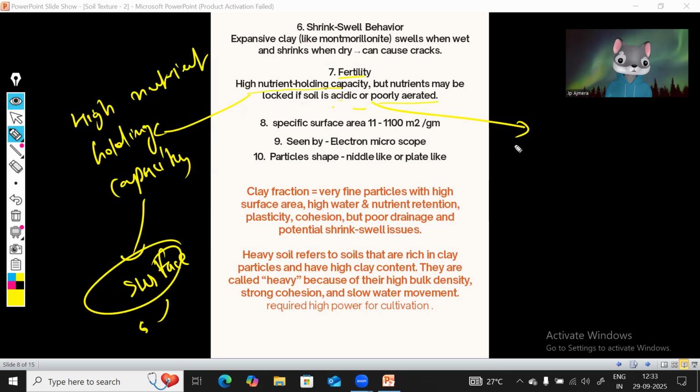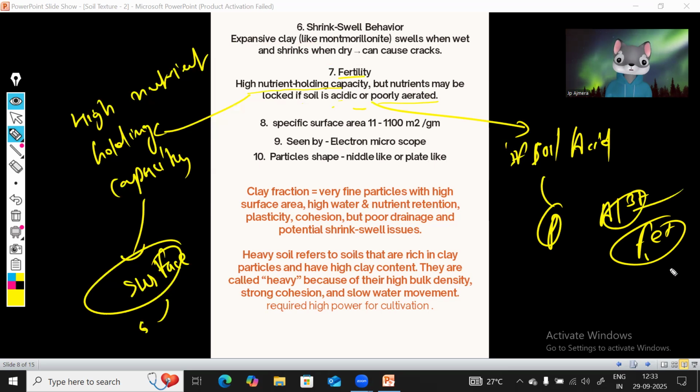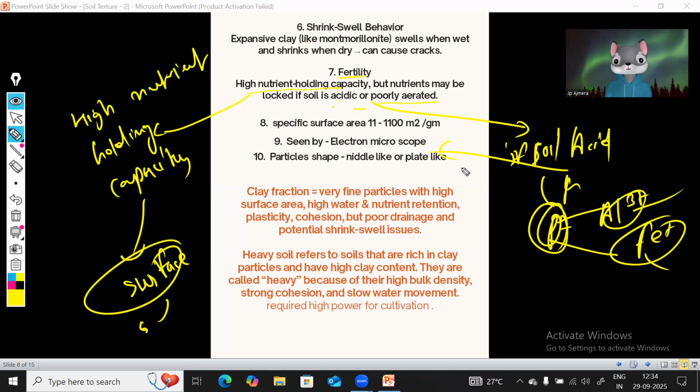What is the meaning of it? If the soil is acidic, there is a nutrient called phosphorus. Acidic soil is high in aluminum or iron. They combine to form aluminum phosphate or iron phosphate, making complexes, so phosphorus is not available in the soil.